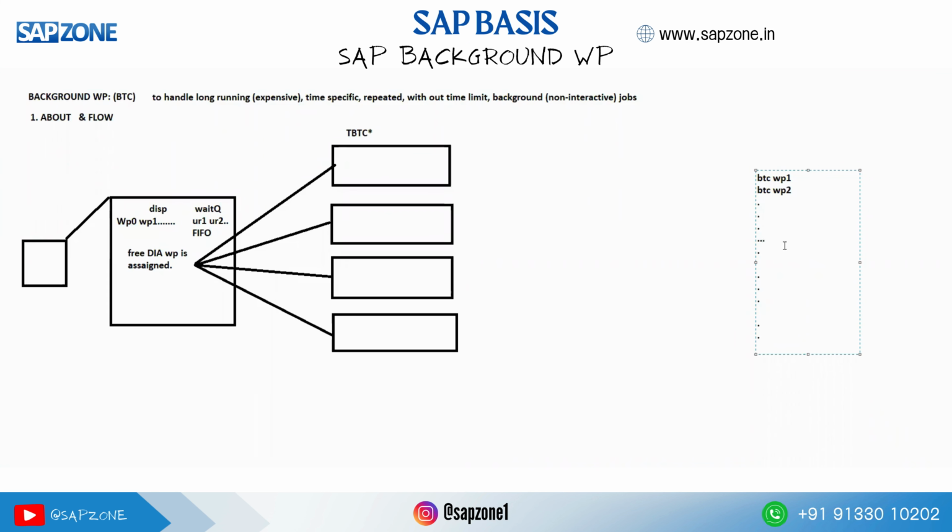We have multiple background work processes, n number of them, or as per our example 35. Which work process will take this request? Again, based on the freely available.